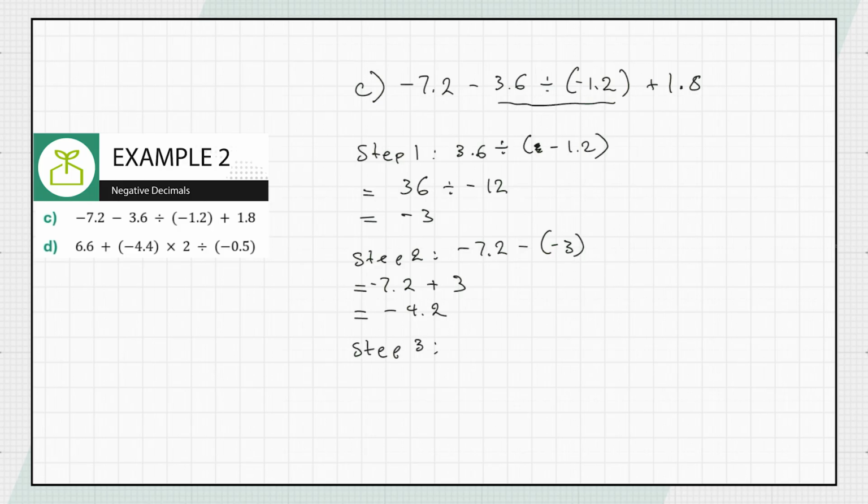For step 3, we have minus 4.2 plus 1.8. Right. So this is going to be equal to, one way of doing this is instead of adding 1.8, add 2 and then take away 0.2, and that will equal minus 2.4. Okay, so that's our answer for this one. Let's make some space for the next one.